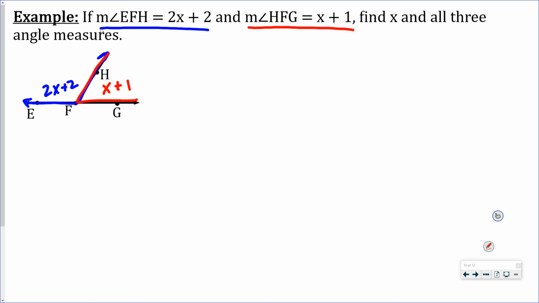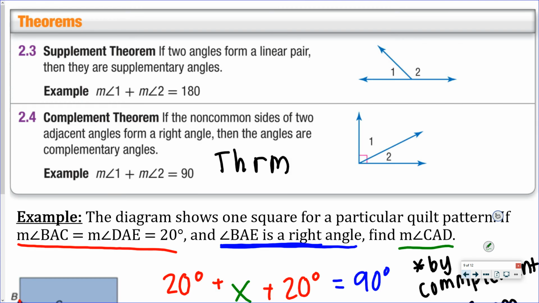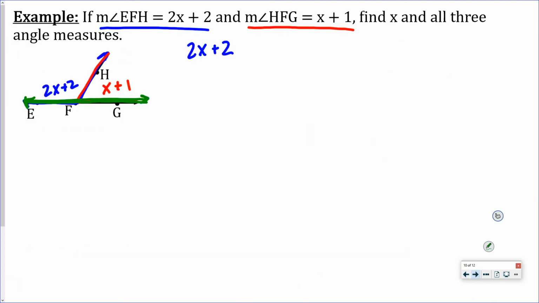All right. Well, in order to solve for x, I need to set up an equation. And I see that EFG is a line, which means those two angles form a linear pair, which meets the hypothesis of my supplements theorem. They form a linear pair, so I conclude they're supplementary, so I conclude that they total 180.